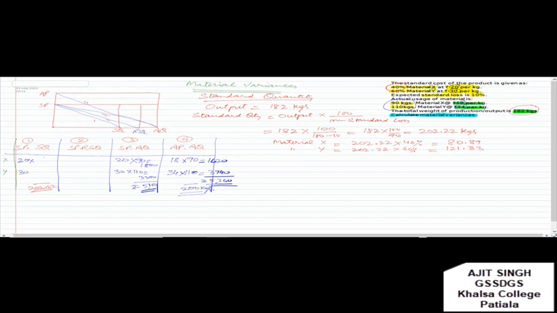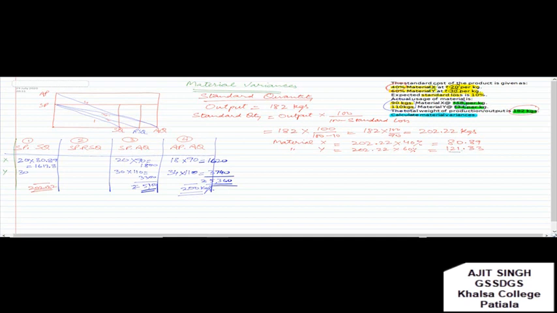So calculate the figures. 20 into 80.89 comes to be 1617.8.